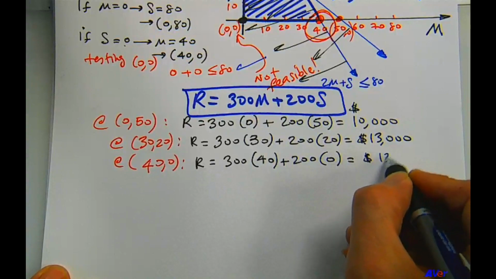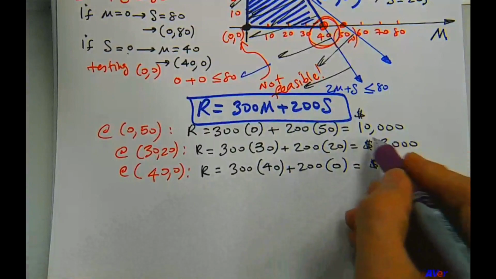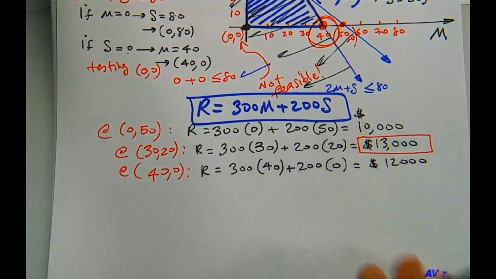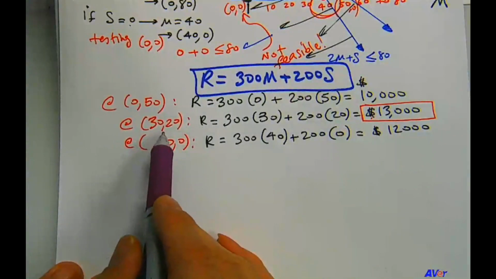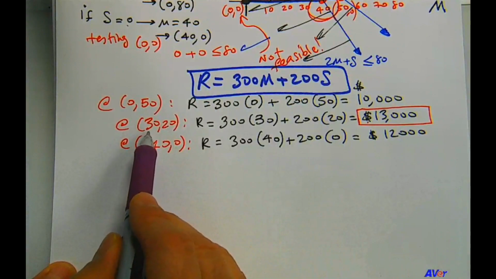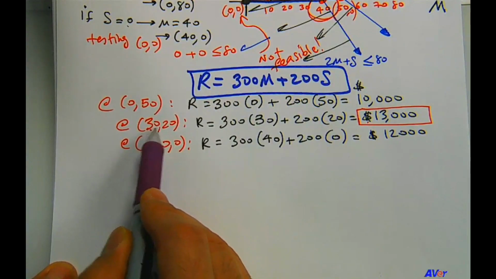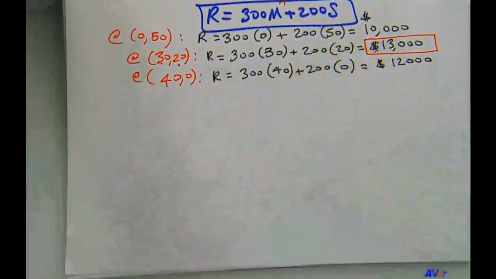And we have $12,000 of revenue there. So it's clear that our revenue is maximized when the appliance store has 30 microwaves and 20 stoves.